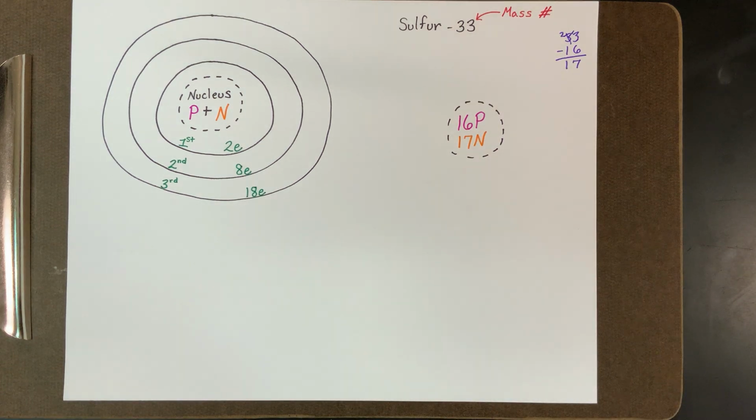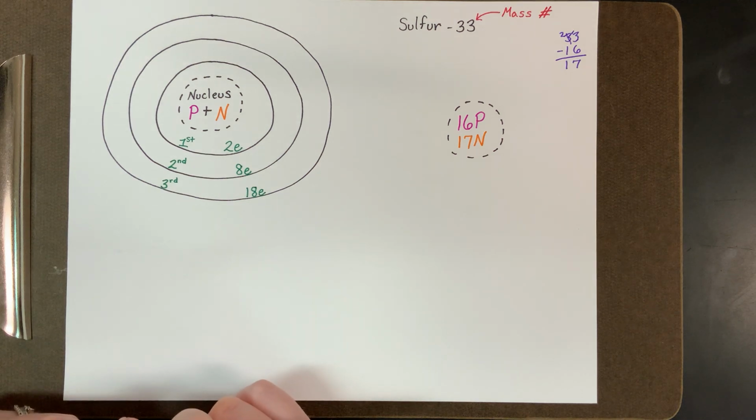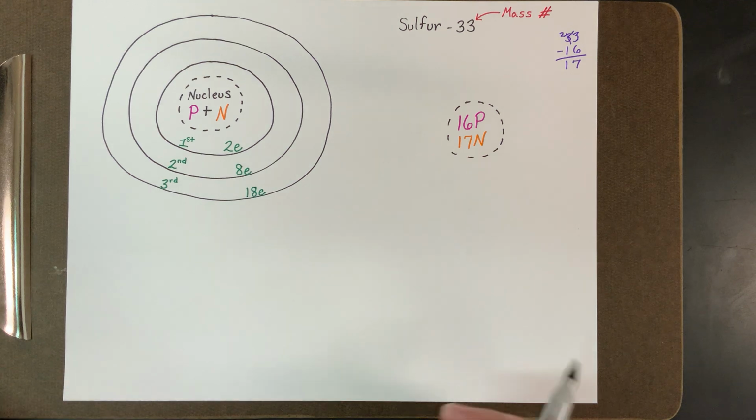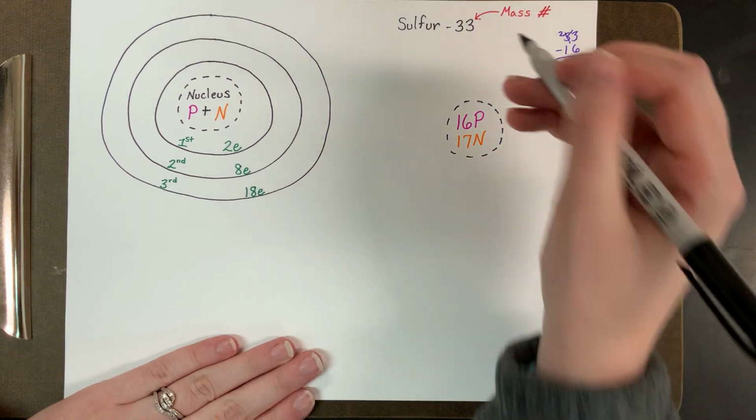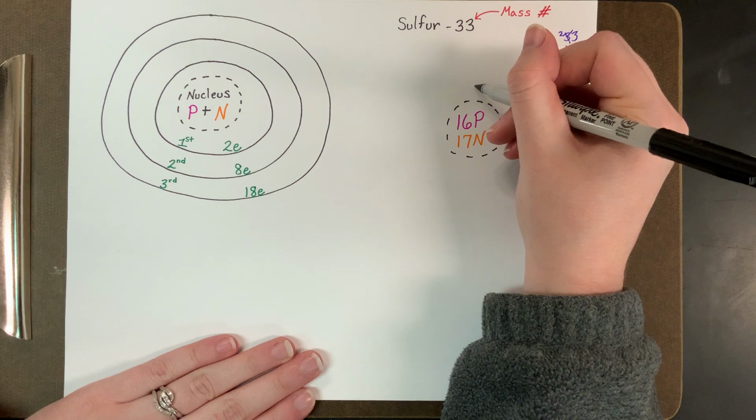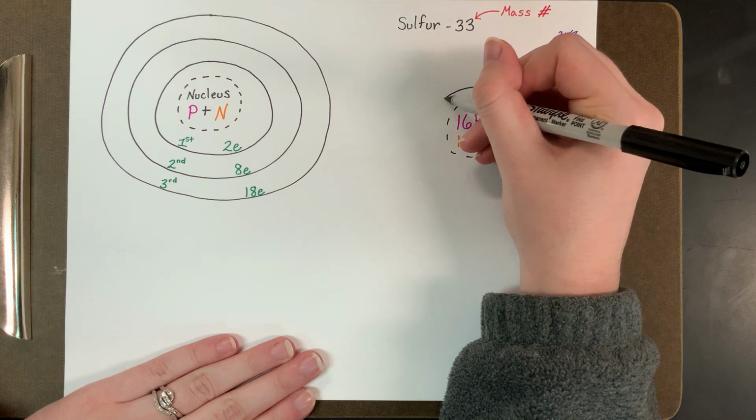Alrighty, and we mentioned earlier that it is in group 16 in period 3. We said that periods determine my number of energy levels. And so since it's in period 3, I am going to draw 3 rings.